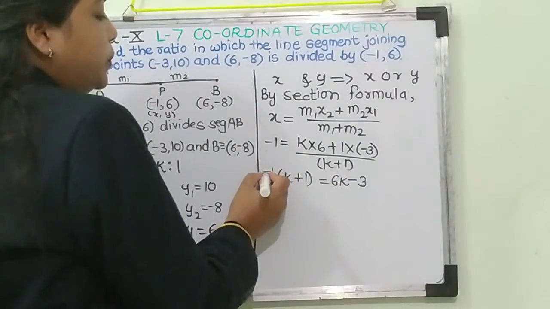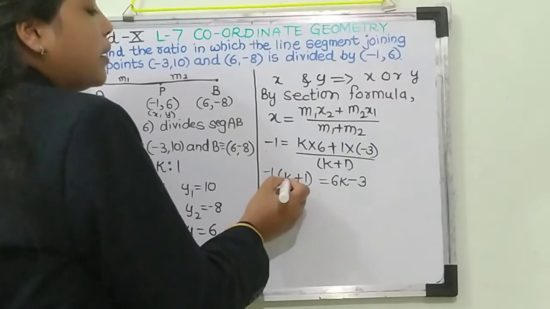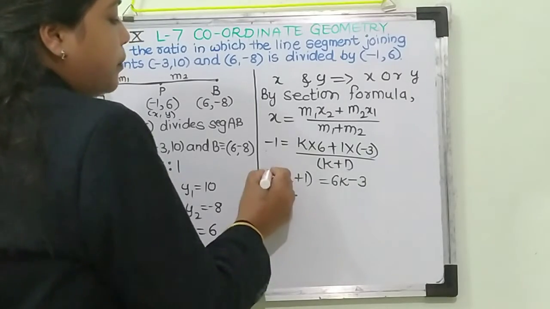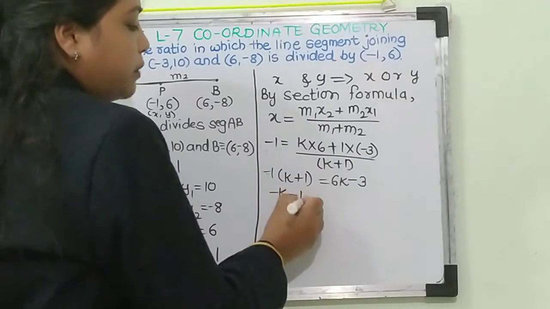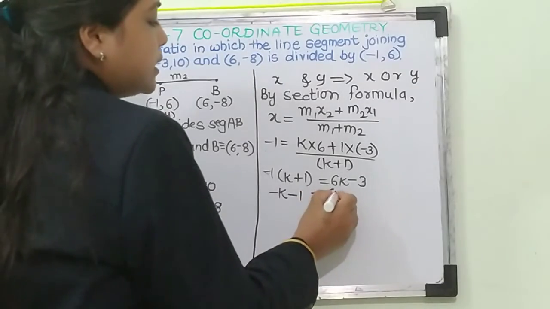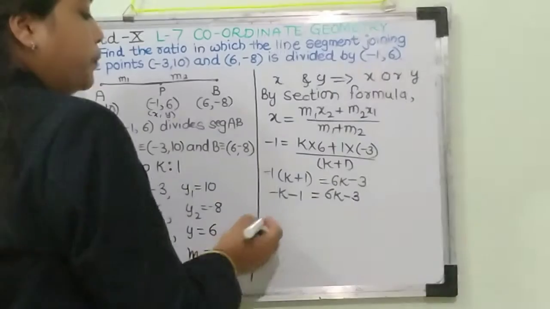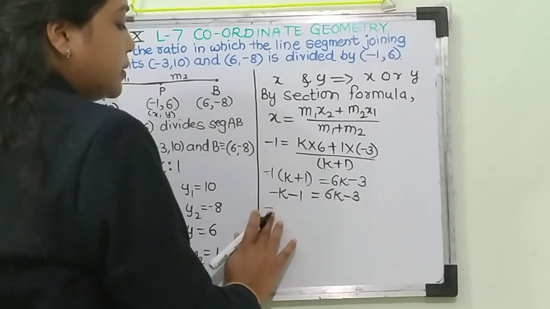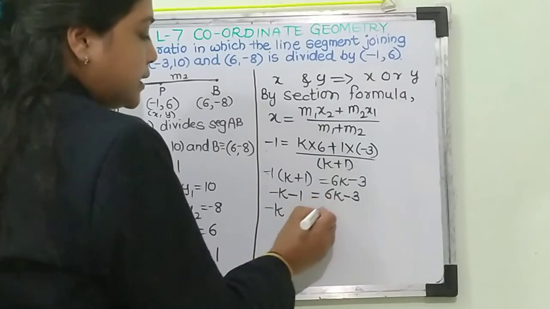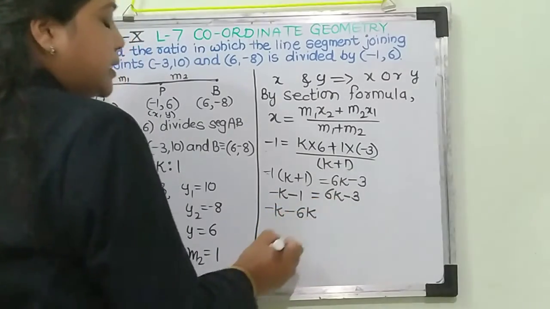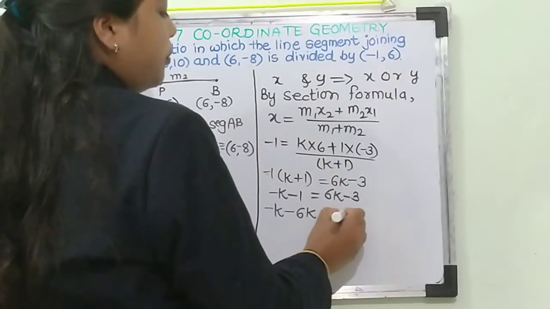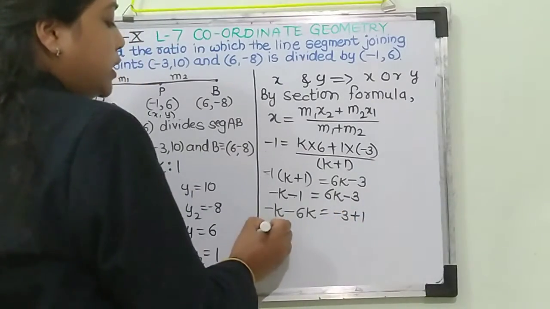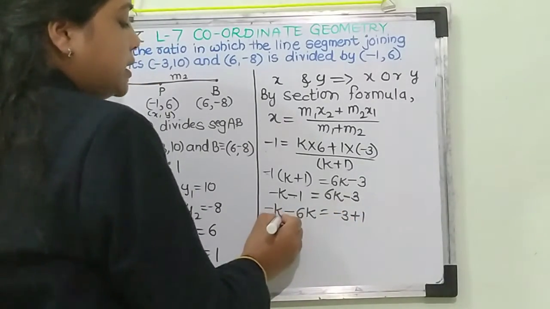Now we are going to multiply by minus 1 to this. So minus 1 into k is minus k, minus 1 into plus 1 is minus 1, equals to 6k minus 3. Here I am going to shift: minus k as it is, and 6k will come to this side and become minus 6k, equals to minus 3, and minus 1 goes to that side and becomes plus.